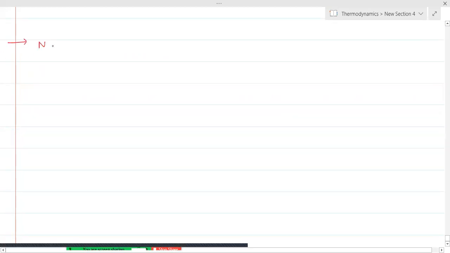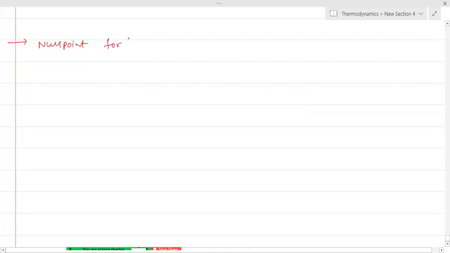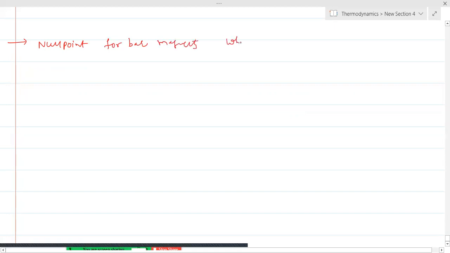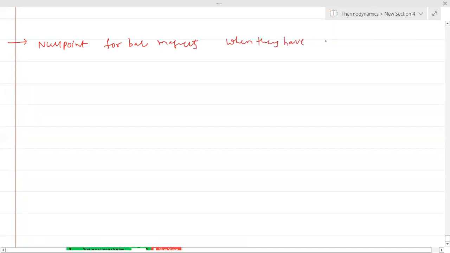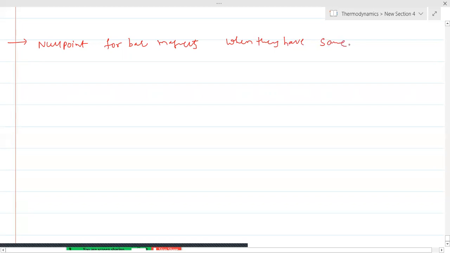Next we are taking null points for bar magnets when they have the same equatorial line.